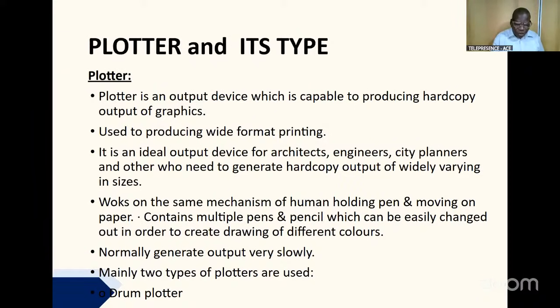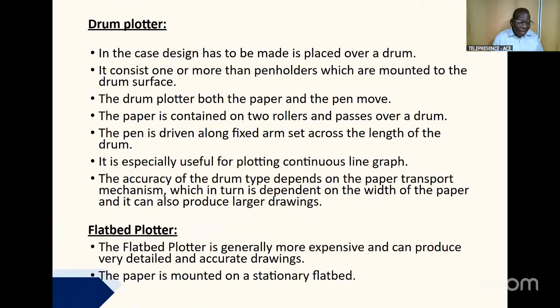It normally generates output very slowly. Mainly two types of plotters are used. You have the drum plotter and the flatbed plotter. Now, the drum plotter: the paper is placed over a drum.